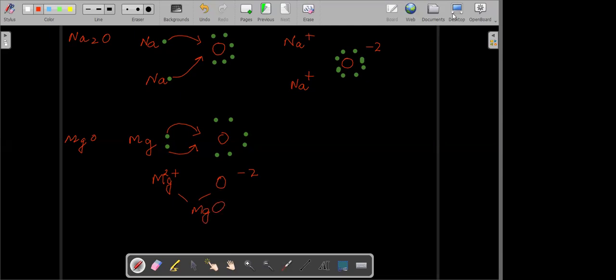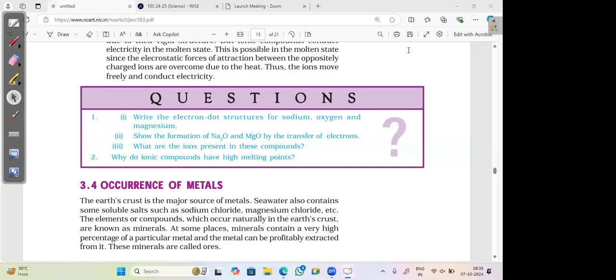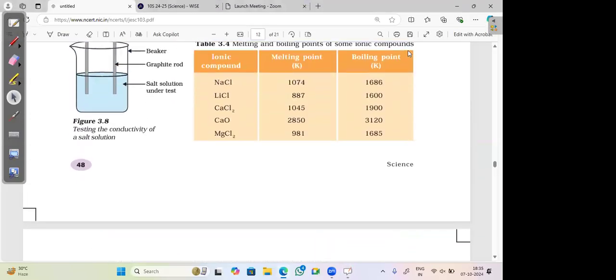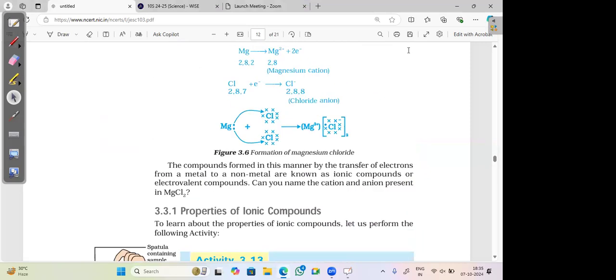All right. So I think these questions are clear to everyone. Anyone having any doubt? So see, finally, how you have to represent? First you have to make each of the atoms show the transfer of electrons. Then write their charges, write the ions, which will represent the compound.